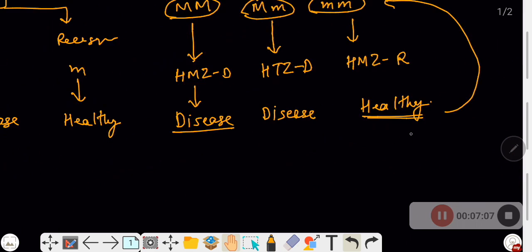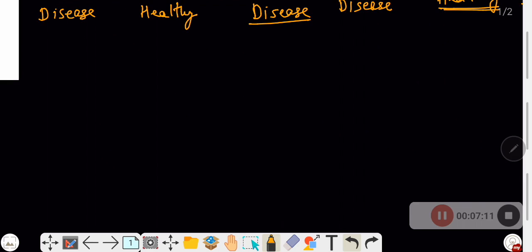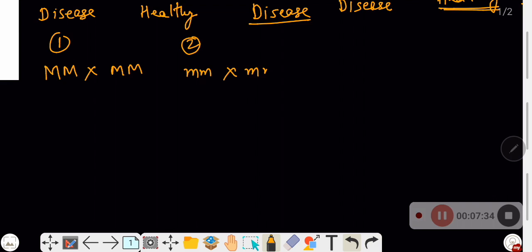Now what do we know about different kinds of crosses in genetics? Let's suppose cross 1 is capital M with capital M, or the second cross, small m with small m.